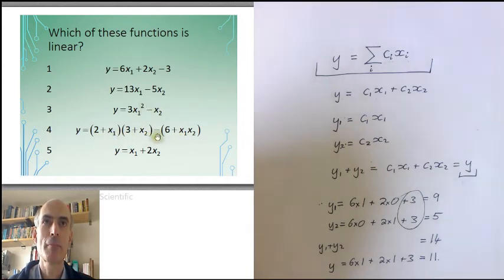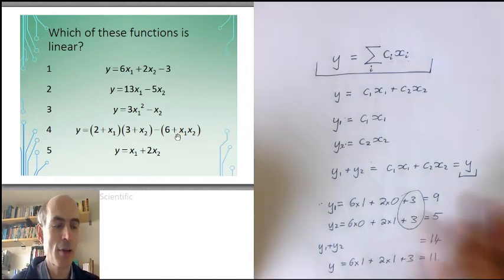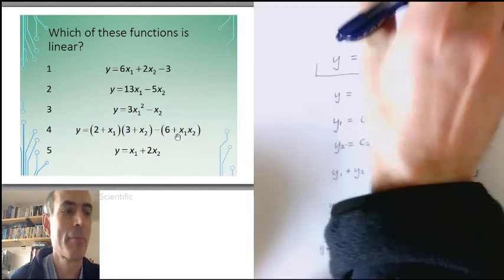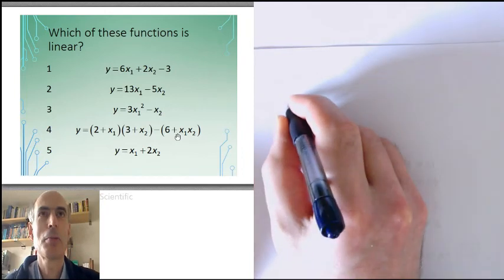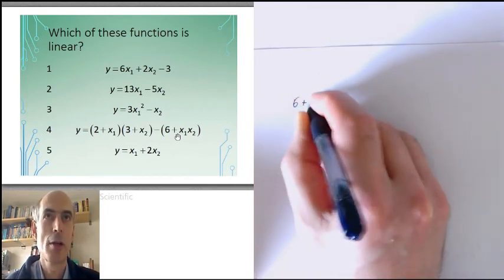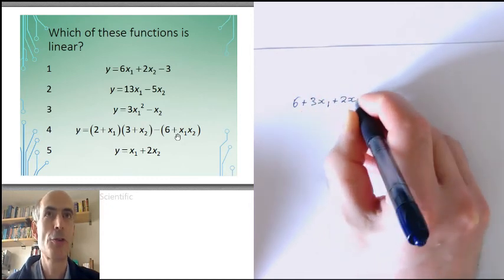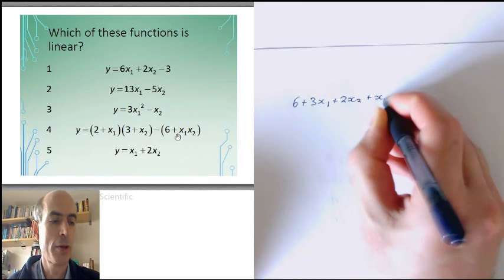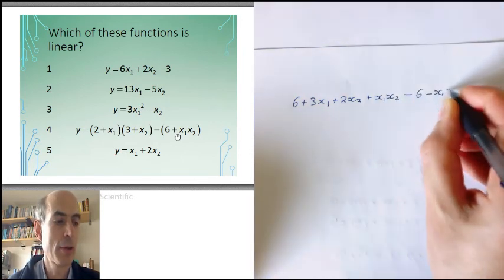This one, yep, it's another one of my trick questions. Yes, it is linear. But in order to see that, you have to do a bit of algebra again. You have to multiply out these brackets, and that would give you 6 plus 3x1 plus 2x2 plus x1 x2 minus 6 minus x1 x2.